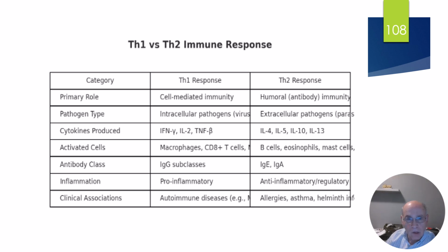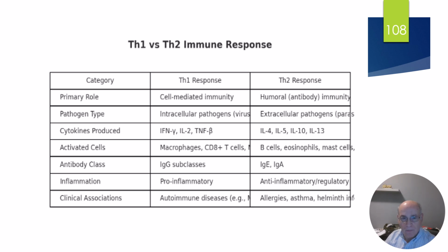So this is a quick study guide that'll give you information to help you determine if your patient is in a more Th1 dominant or a Th2 dominant immune response. So remember, Th1s have to do with killing very small things like bacteria and fungi, whereas a Th2 response is driven by extracellular and large things that need to be phagocytized.